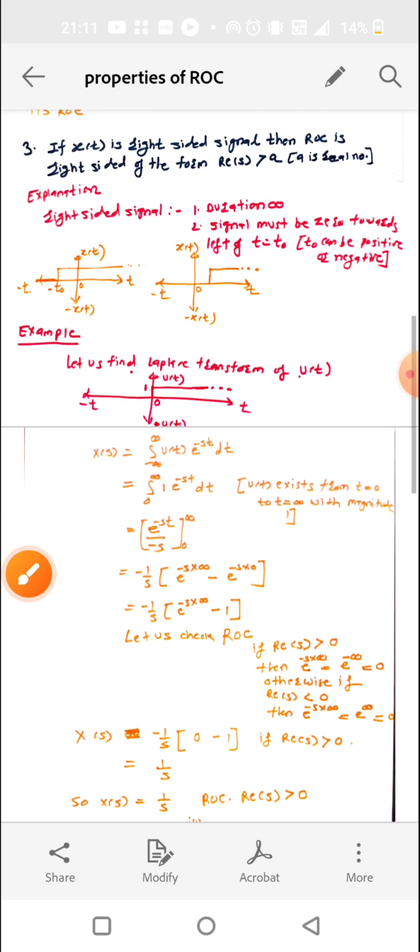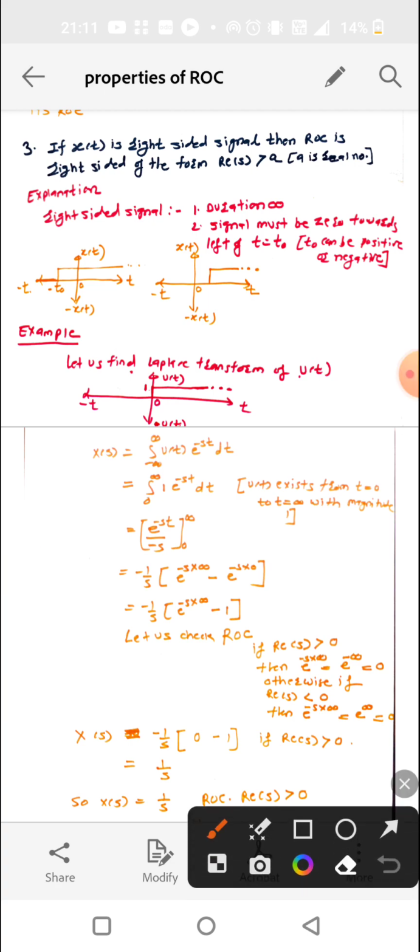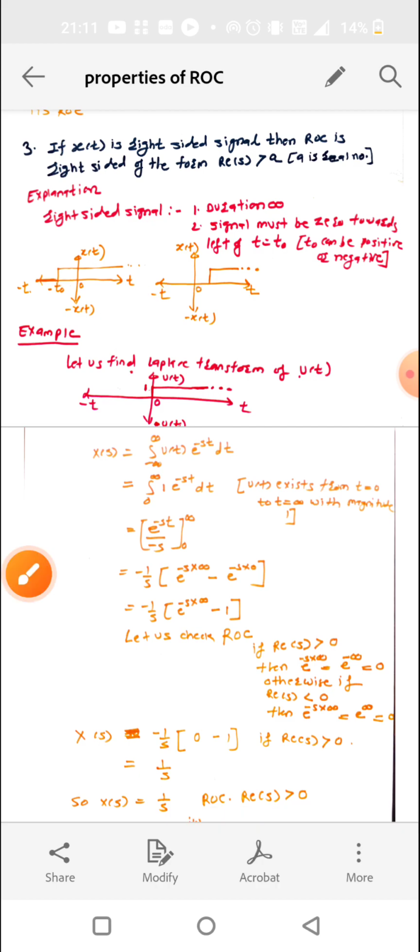What is a right sided signal? A right sided signal is one whose duration is infinite. Here are two examples of right sided signals. Its duration is infinite, and the region to the left of t naught is equal to 0. That is a right sided signal. t naught can be positive or negative.